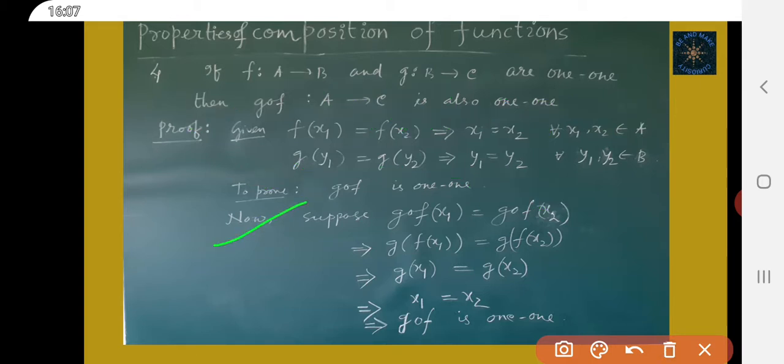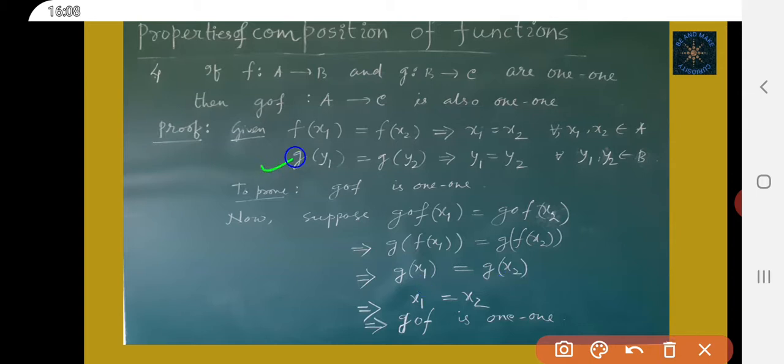So first suppose GOF of x1 and GOF of x2 are equal, then you can write as per the definition g of f of x1 equals g of f of x2. As f is one-one, f of x1 equals f of x2 gives x1 equals x2, so you can write here x1, here also x2.